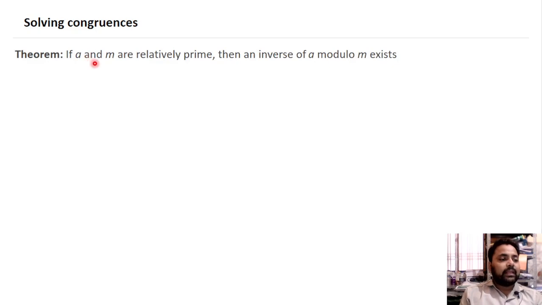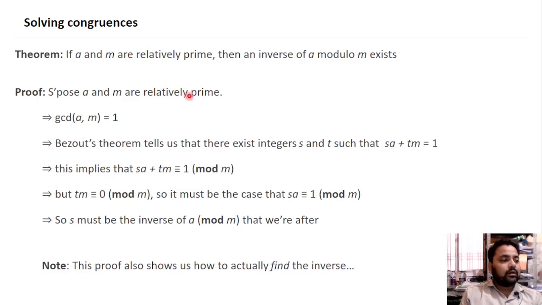If A and M are relatively prime, then an inverse of A modulo M exists. Here is the proof. Suppose A and M are relatively prime, so GCD of A and M is equal to 1. Bezout's theorem tells us that there exist integers s and t such that sA plus tM equals 1.